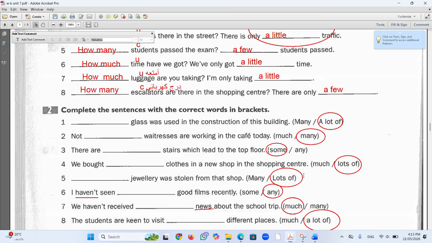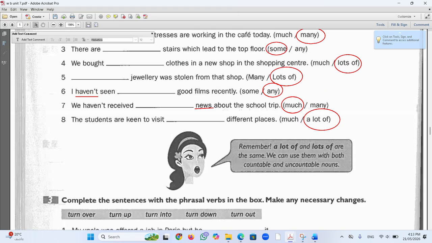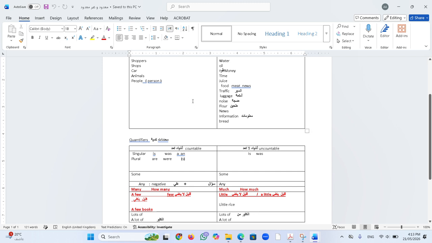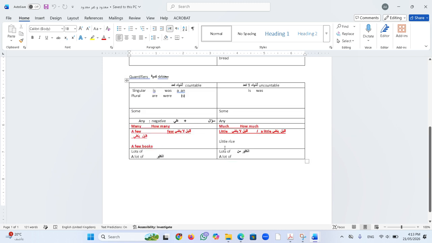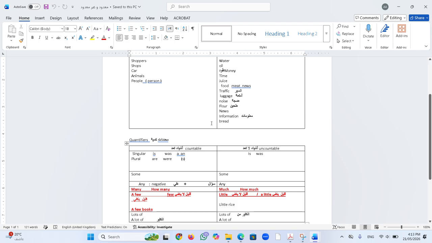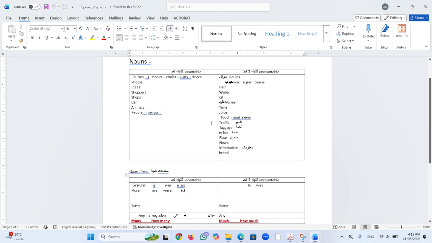And you already have a worksheet for countable and uncountable. This worksheet is very clear for you, which tells you what the quantifiers are for the countable and uncountable nouns.